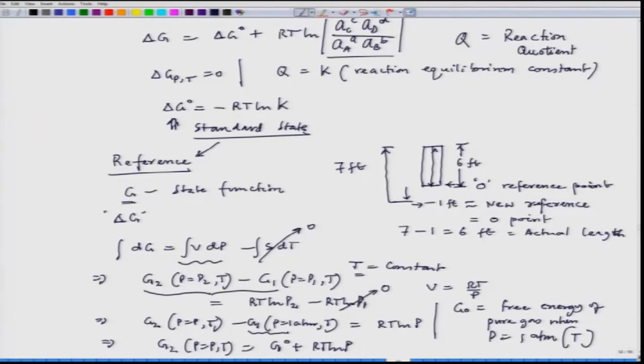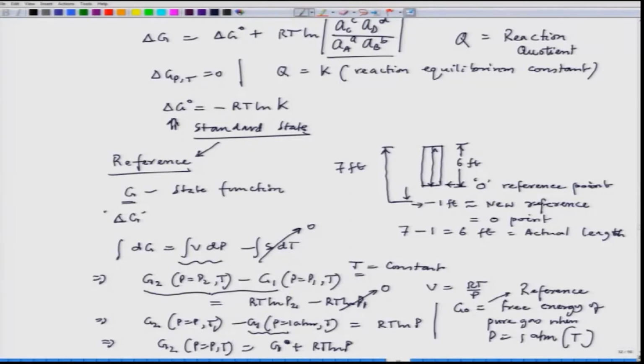So, now whenever we have P equal to 1 atmosphere, a superscript 0 is put, which is the standard value. This is the standard, or this is called reference. So, standard is nothing but the reference.